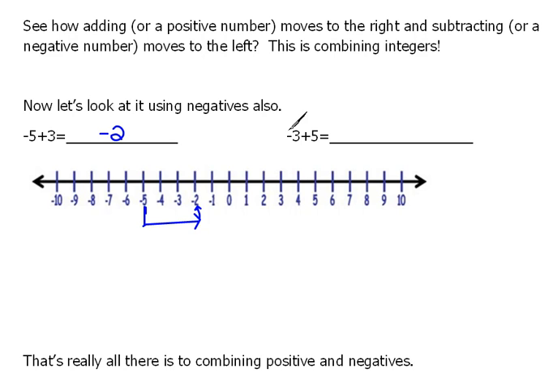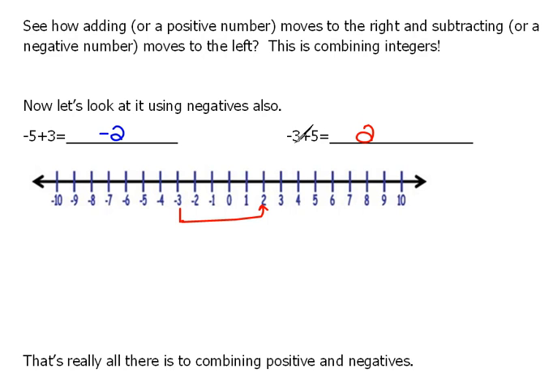What about negative 5 plus 3? I'm sorry, negative 3 plus 5. Oops, got ahead of myself there. If we're starting here at negative 3, which is right here, and we're moving in the positive direction 5 units, so 1, 2, 3, 4, 5 units, we would be right here at a positive 2.